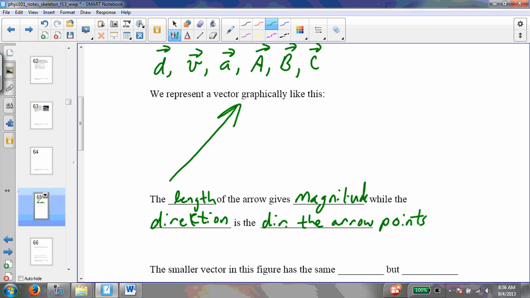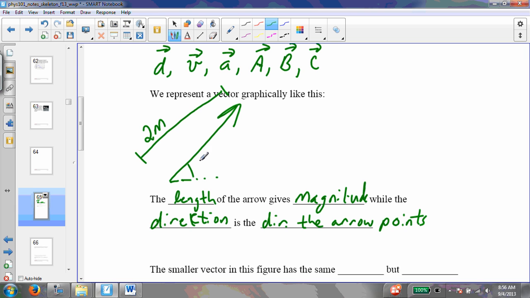So for example, let's say that I had this vector, and let's say that this is a displacement vector. Displacement is really nice to think about vectors because the length will correspond to the magnitude of your displacement. Let's say that this vector was 2 meters long. All right, so that would say that I've covered a distance in my displacement vector. I've covered a magnitude of 2 meters. And then the direction would be given.